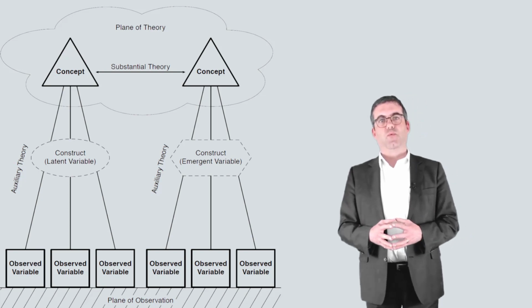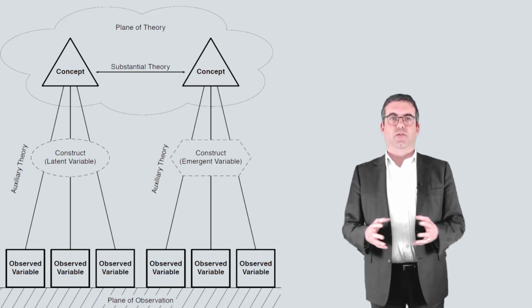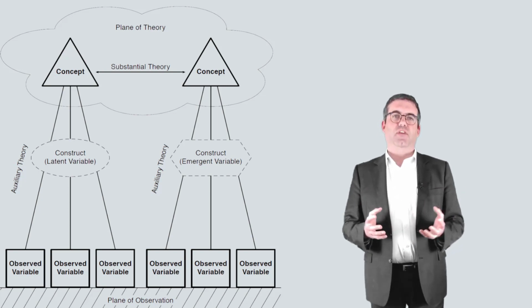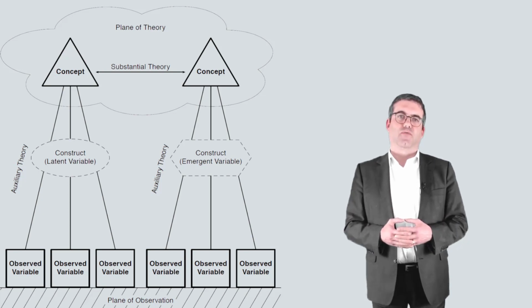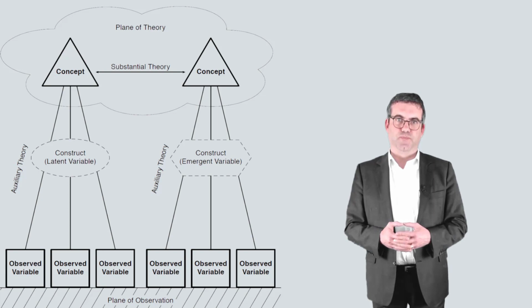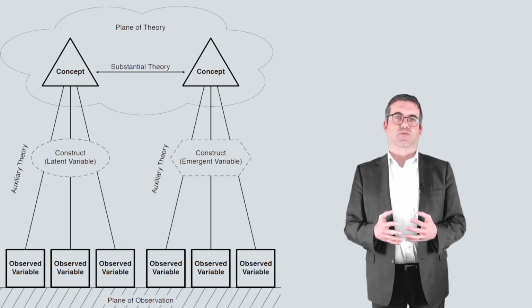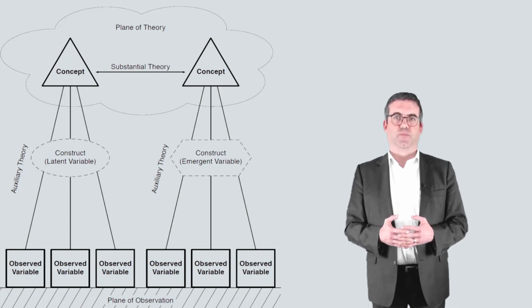What does this mean? Well, it means some extra work for the researcher, because the theory is located, one could say, in the plane of theory. It is entirely abstract, and by itself it is not accessible through empirical measurement. What we therefore need is a connection, so-called correspondence rules, with observed variables.